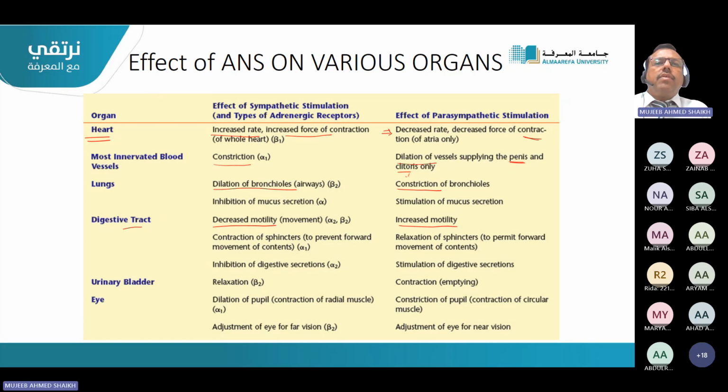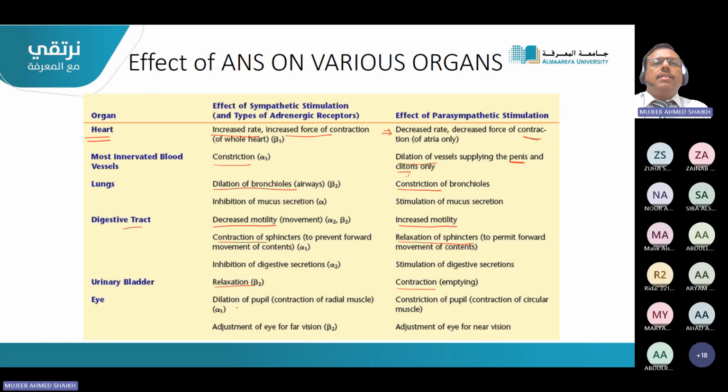On the sphincters, sympathetic will cause constriction, and parasympathetic will cause relaxation of the sphincter controlling the exit of the content of the GI tract. The urinary bladder will be relaxed because of sympathetic stimulation, and parasympathetic will cause contraction.